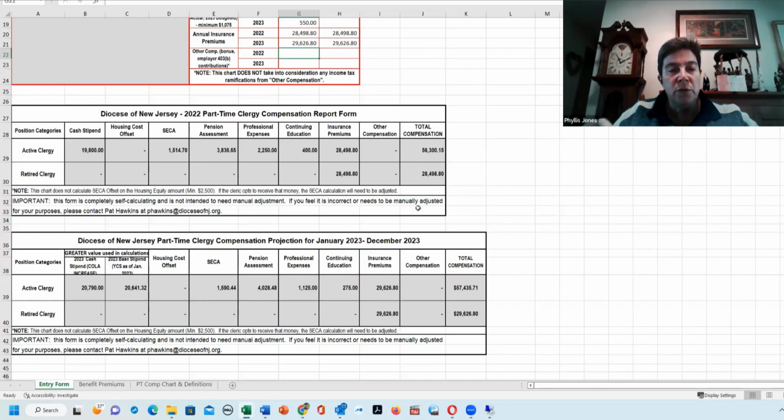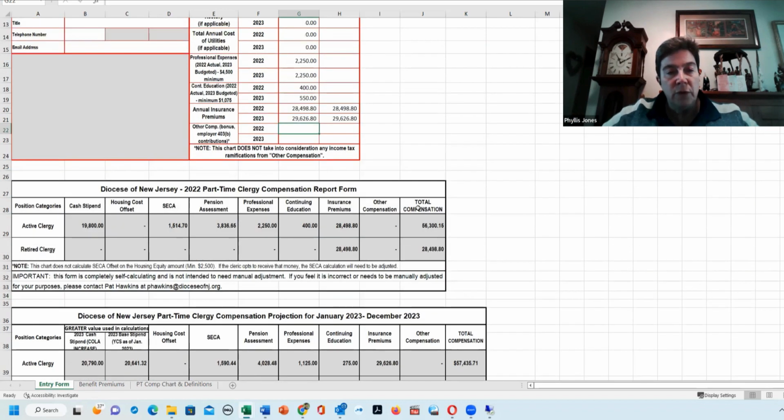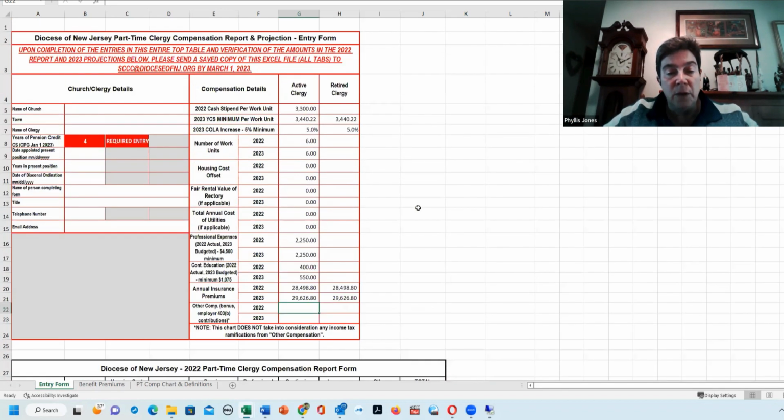So what we would want to do here, Gary, in the 2023 numbers for those two, I believe, and I want you to check this out for me, is put in 4,500 for professional expenses, because I believe the 2023 report will prorate that based on work units, and then 1,075.